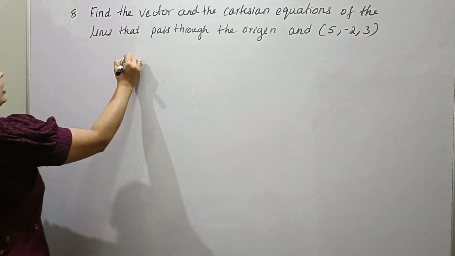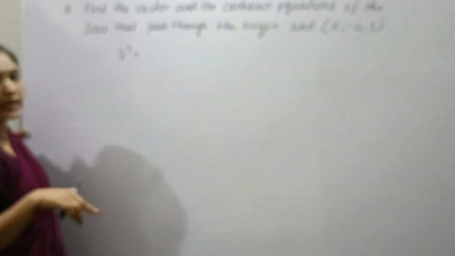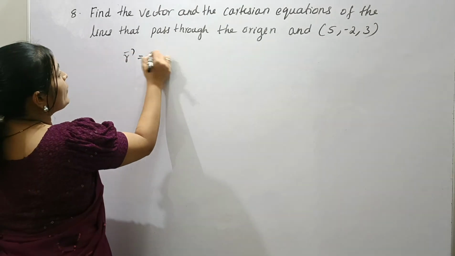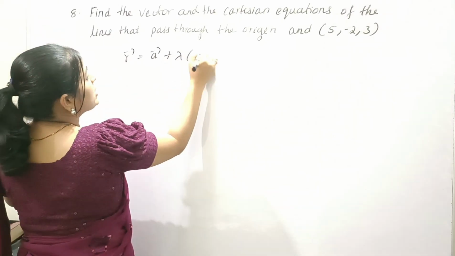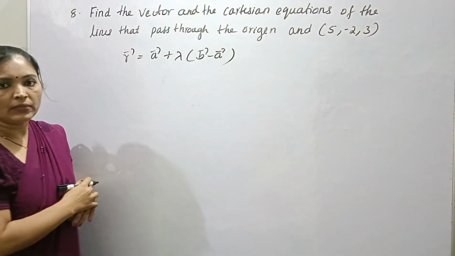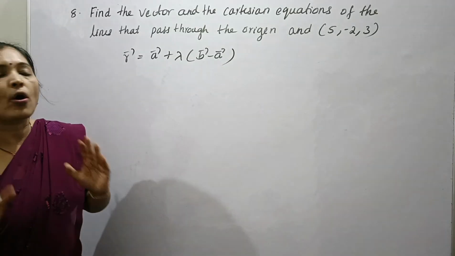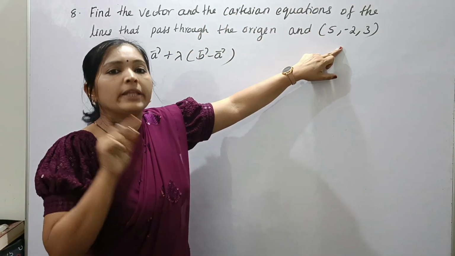What is the vector equation of the line when 2 points on the line are given? Vector r is equal to vector a plus lambda into (vector b minus vector a). Here vector a and vector b are the position vectors of the points on the line.